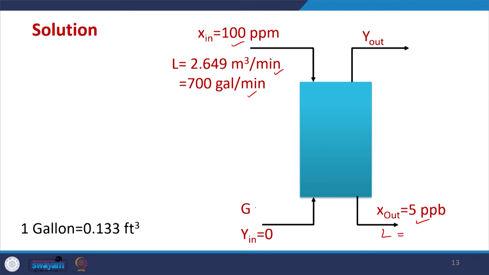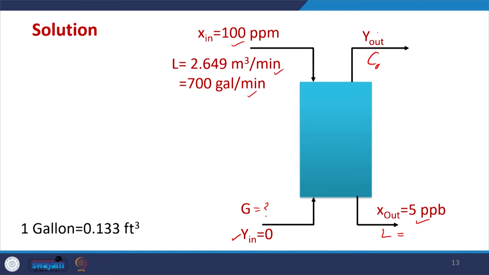Now, we do not know the G value yet, and the out value is also known, but the concentration of TC in the gas is not known, it is 0. So, we have to find out the concentration.